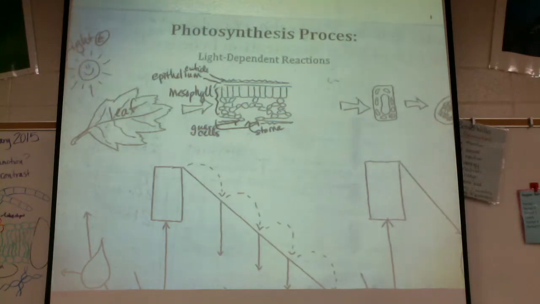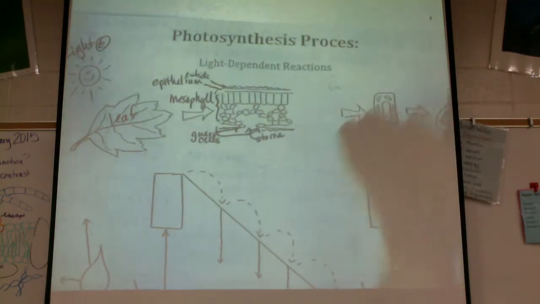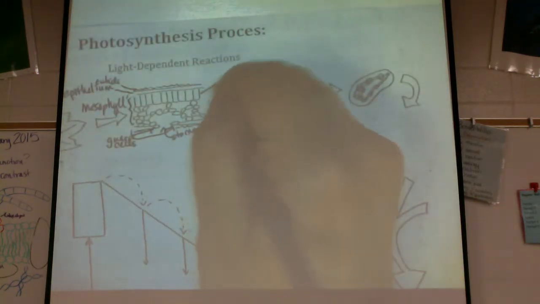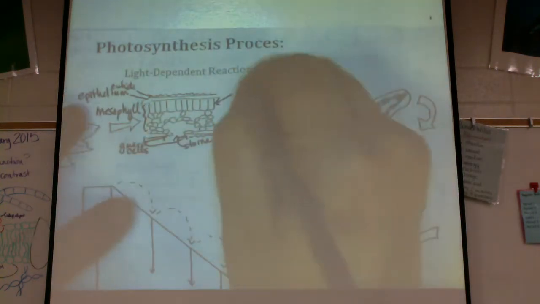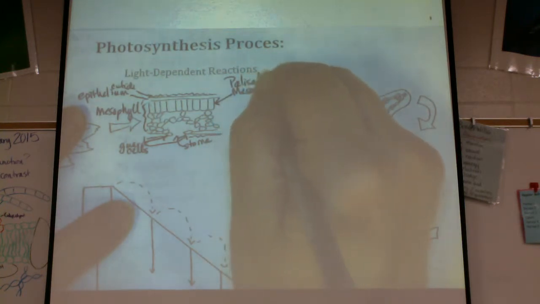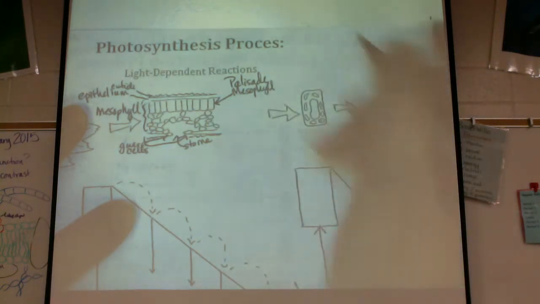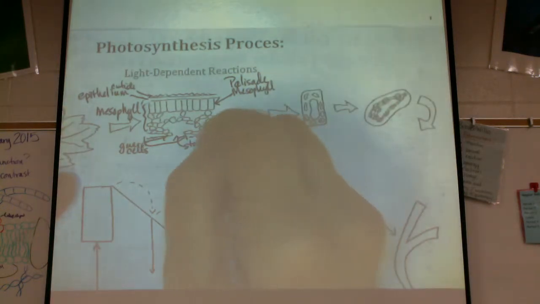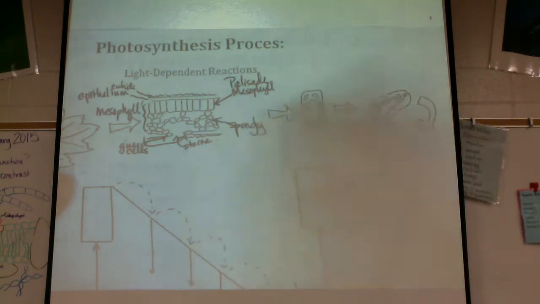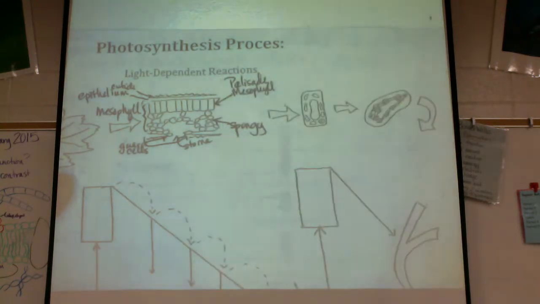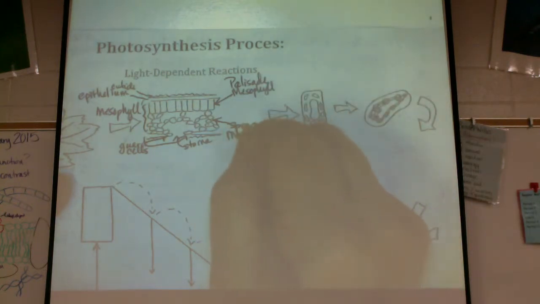The two parts we're interested in are the palisade mesophyll, these columns, and right here the spongy mesophyll, because it's like a sponge.